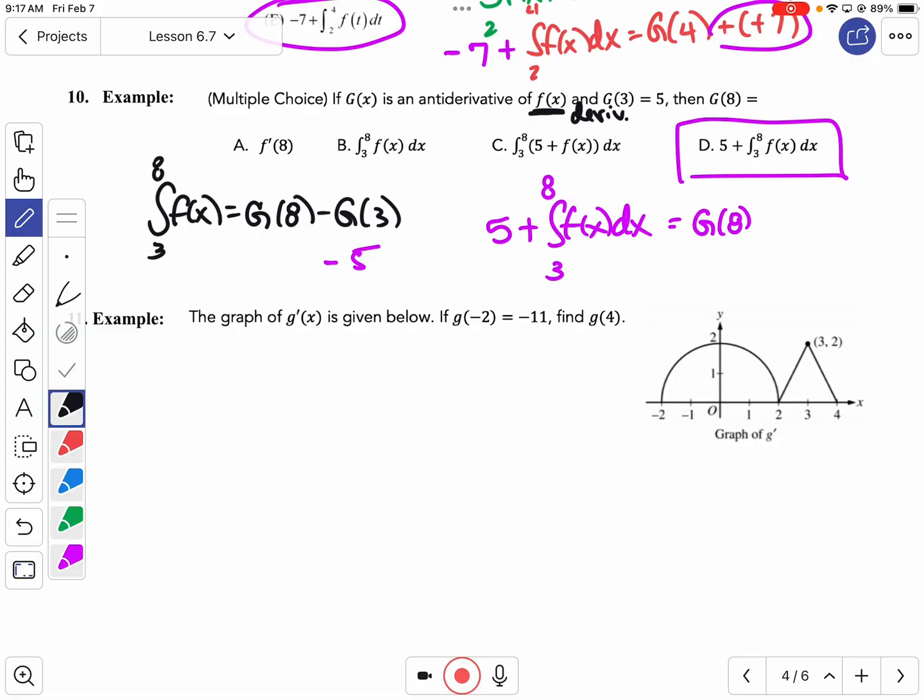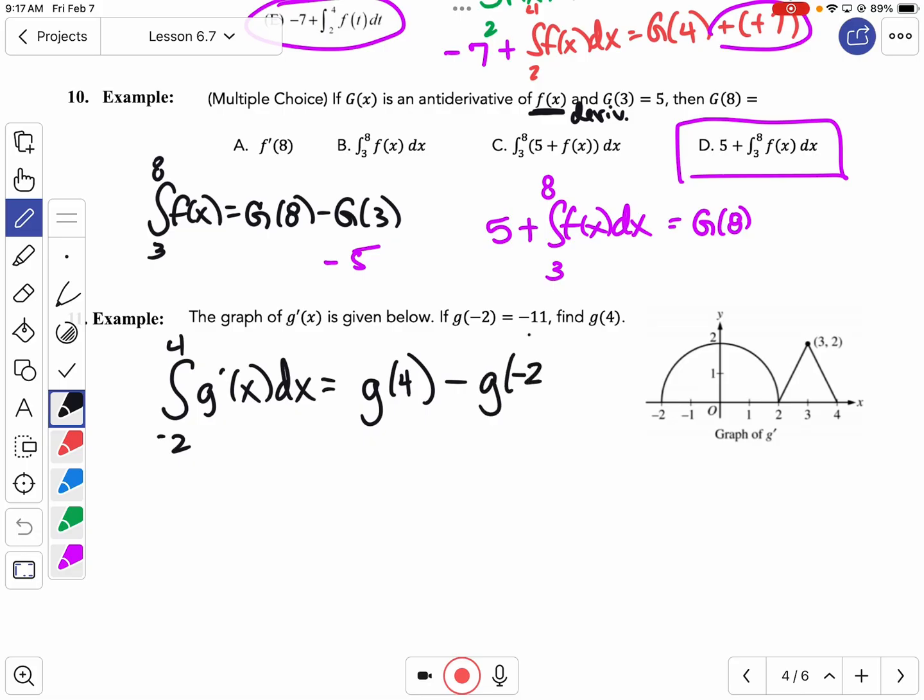So if I take the integral from -2 to 4 of G prime at x, that's going to equal G at 4 minus G at -2. That's what it's going to equal.